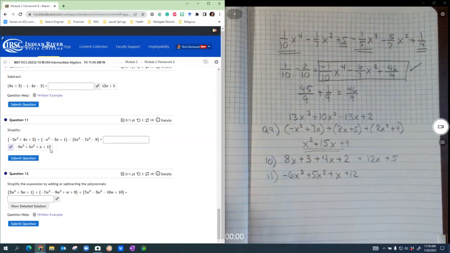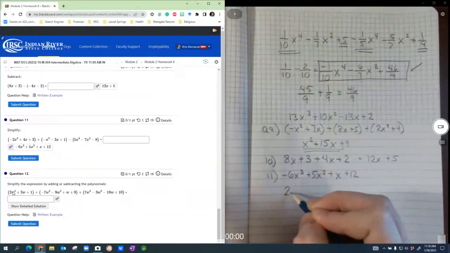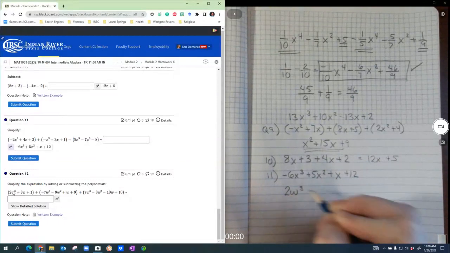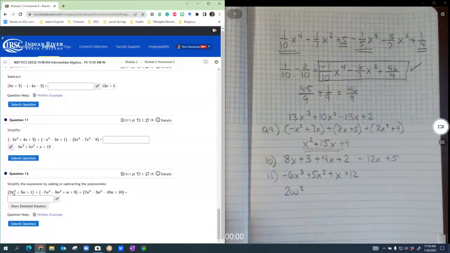All right. Now, when I look at this, I'm seeing I have several w's to the third power. So I'm going to look at -7 plus 7, which is 0. So that's going to give me no more w cubed terms right here. And then I have a w cubed over here, so I'm going to put 2w to the third. And then I'm going to look for the w to the second power. I have -9w squared and a -3w squared.